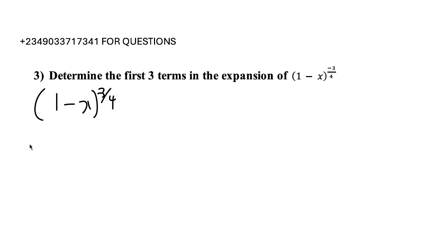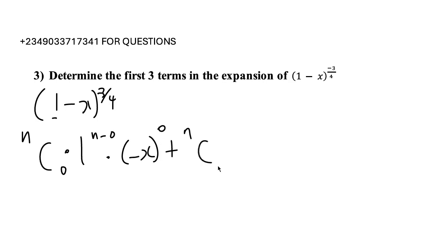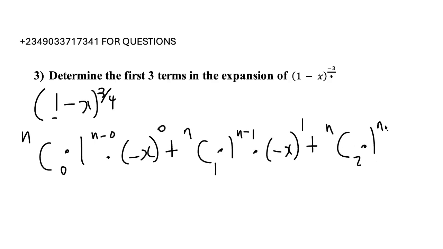So in this case, what are we then going to have? n combination 0, 1 to the power n minus 0, negative x to the power 0, plus n combination 1, 1 to the power n minus 1, negative x to the power 1, plus n combination 2, 1 to the power n minus 2, negative x whole squared.